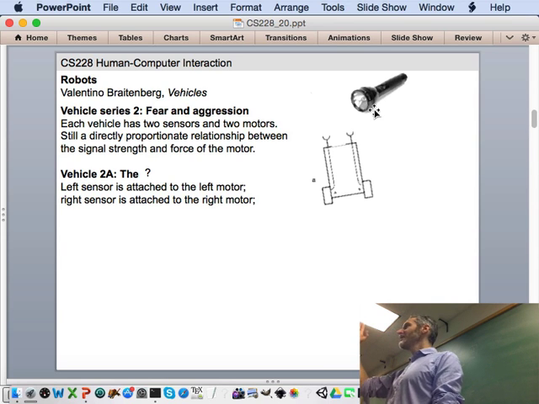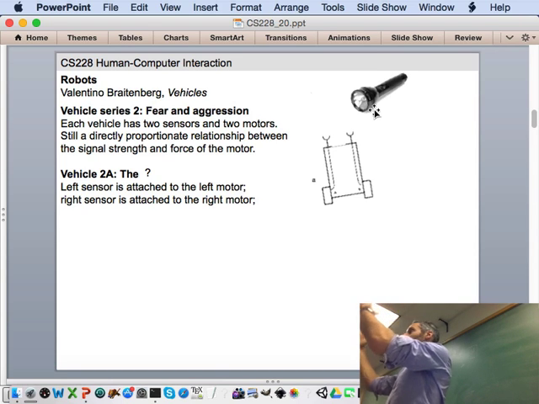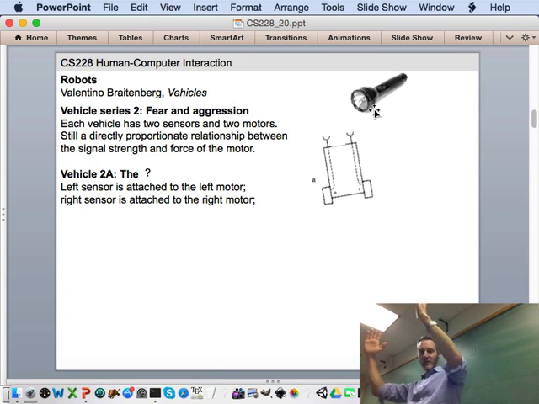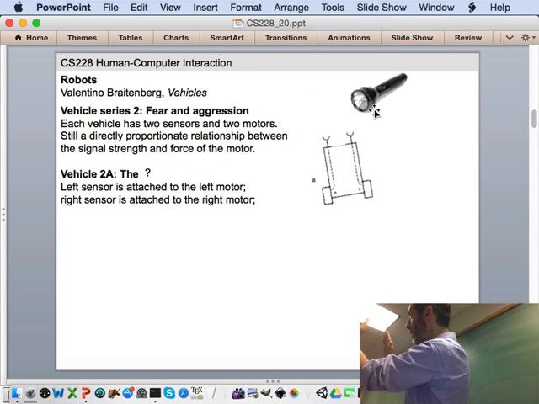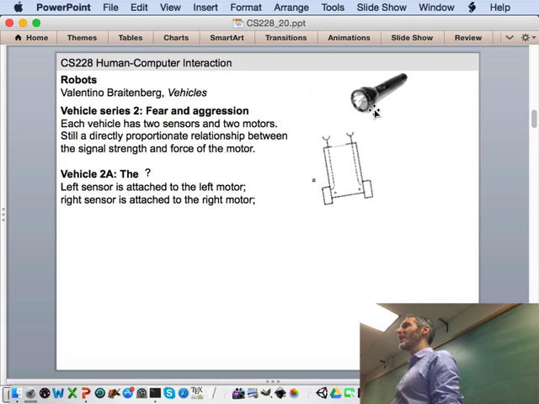What happens in the instant after it's turned away from the light? What happens to the two light sensors? The moment it turns. Well, it's turning away from the light. It depends. If we look at this actual picture here, both sensors are moving slightly away from the light.